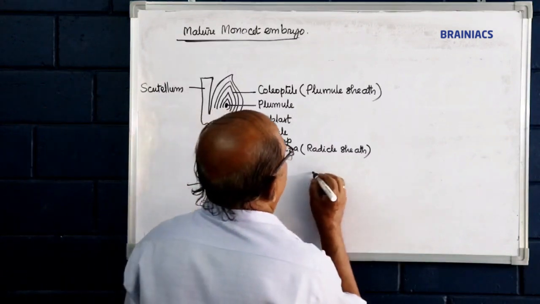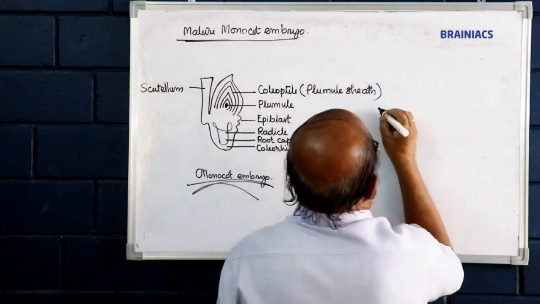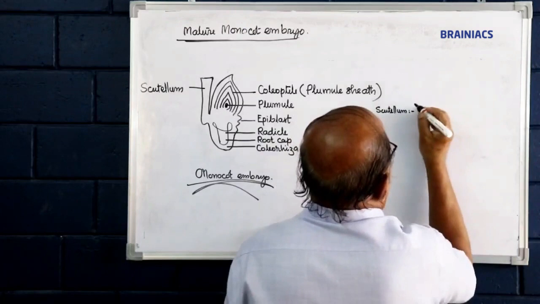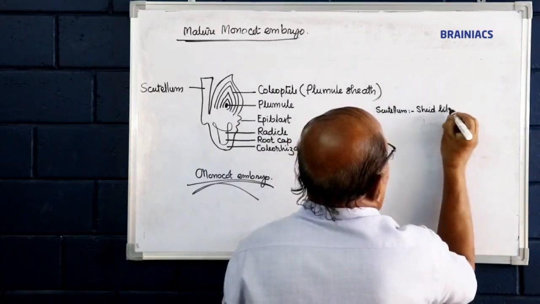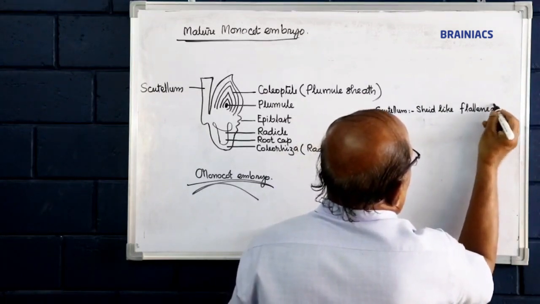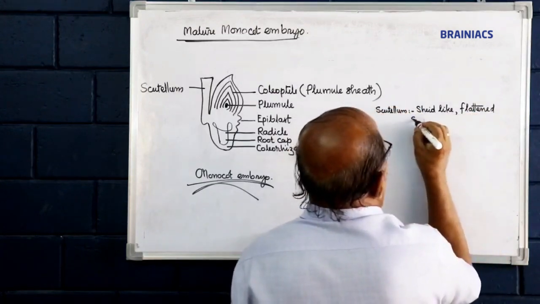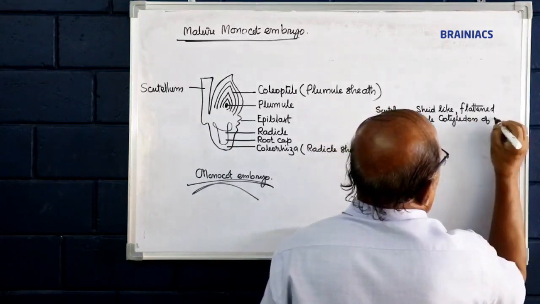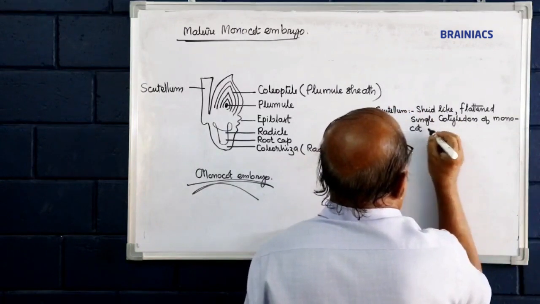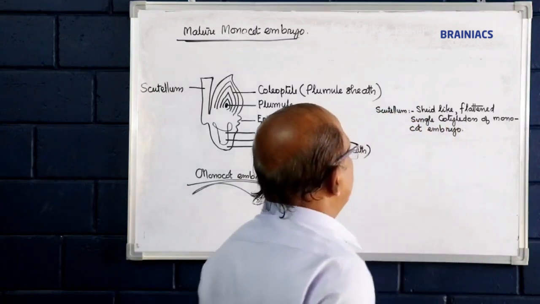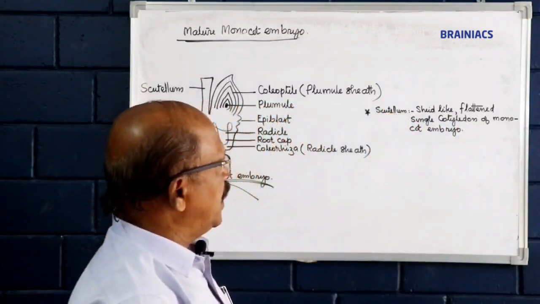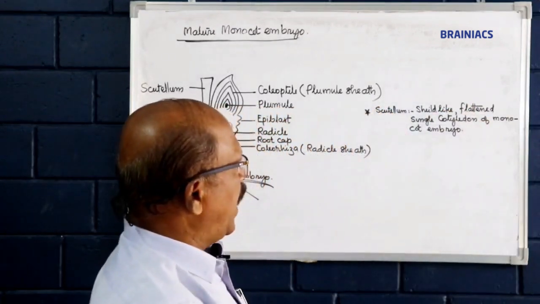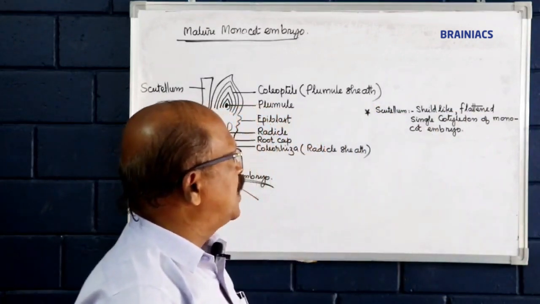The single shield-like flattened single cotyledon of the monocot embryo is called scutellum.